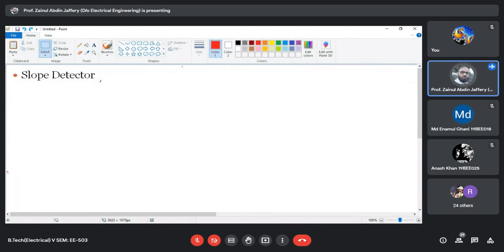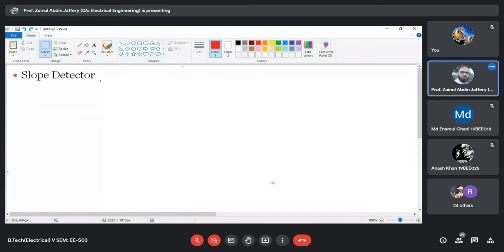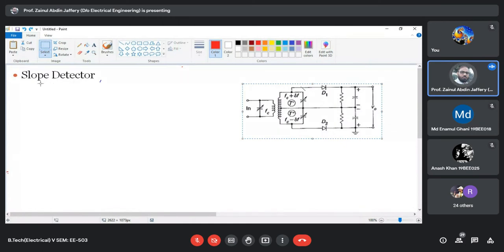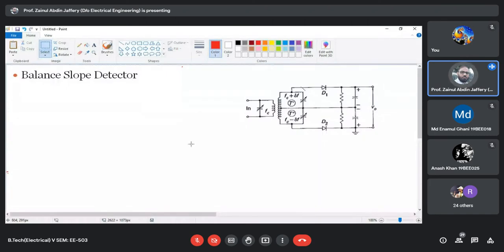For this, we have a circuit that we call, the same circuit, just to increase the linearity, a balanced slope detector.